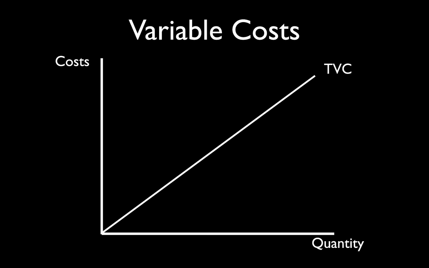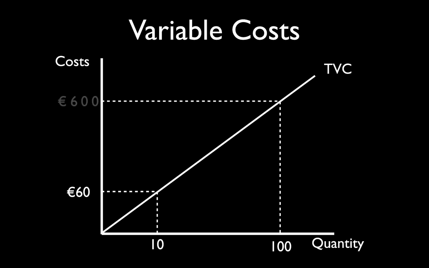So let's think about this. If I was to produce 10 computers, I go up to my total variable cost curve and find out that that costs me €60 in terms of electricity, plastic, processors, and wages costs. Now if I start to produce 100 computers, well, I think you will agree that I'm going to need to use more electricity, buy more plastic and processors, and also potentially hire more workers.